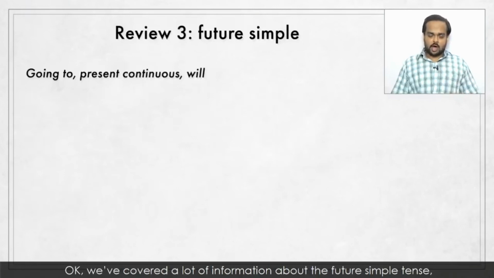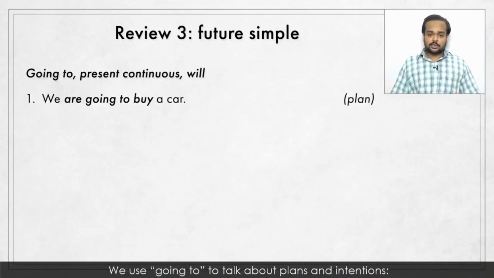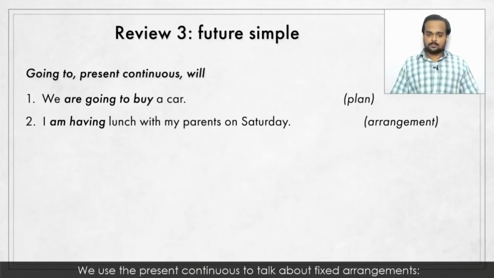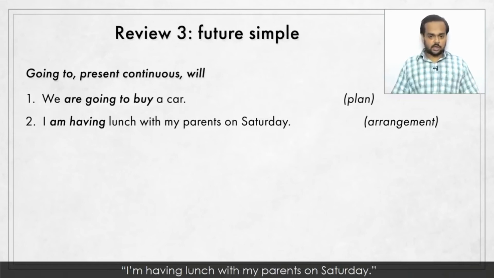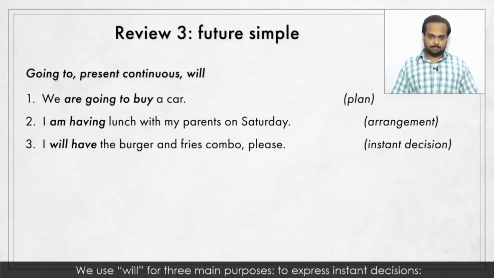Okay, we've covered a lot of information about the future simple tense, so let's do a quick recap of it. We use going to talk about plans and intentions. We're going to buy a car. We use the present continuous to talk about fixed arrangements. I'm having lunch with my parents on Saturday. We use will for three main purposes.